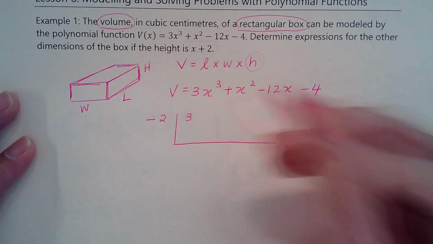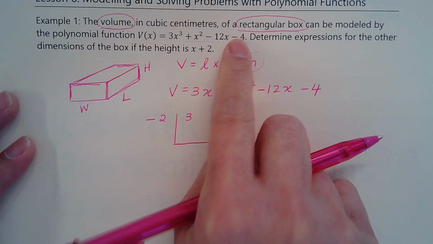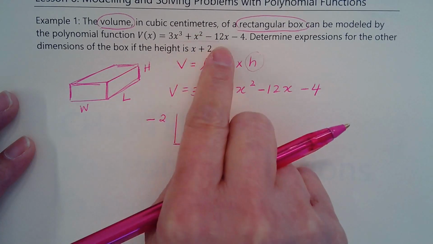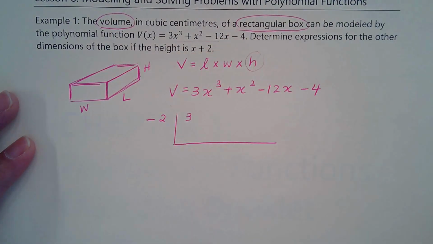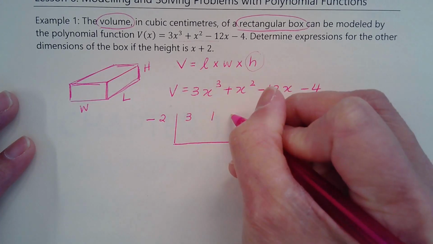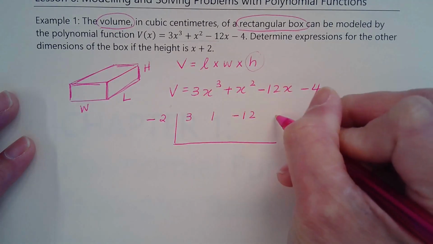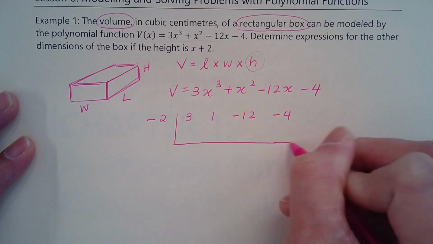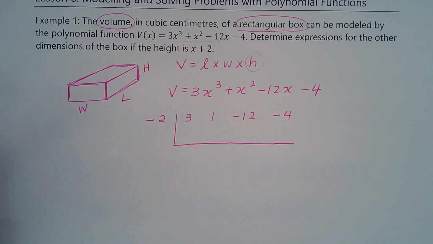Anything missing? Cube, squared, x, nothing's missing, and they're in order, so I can go 3, 1, negative 12, minus 4. You know how to do synthetic division? Go ahead and do the synthetic division. I'll give you a minute to do that.